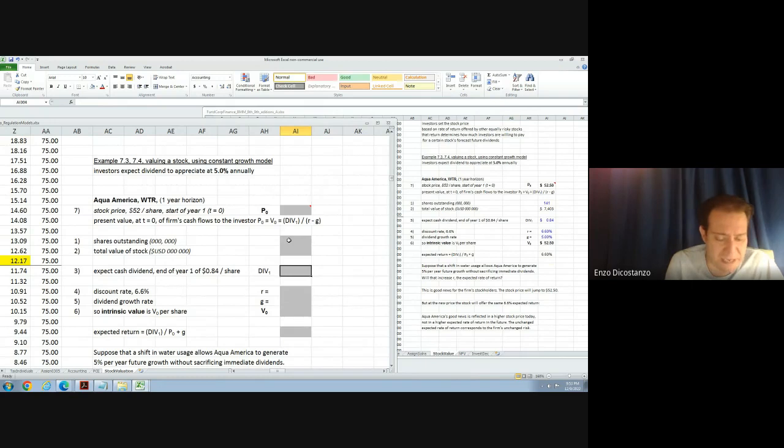we have that same 84-cent dividend. We have the same 141 million shares. Now we have a 6.6 discount rate and a 5% growth rate.